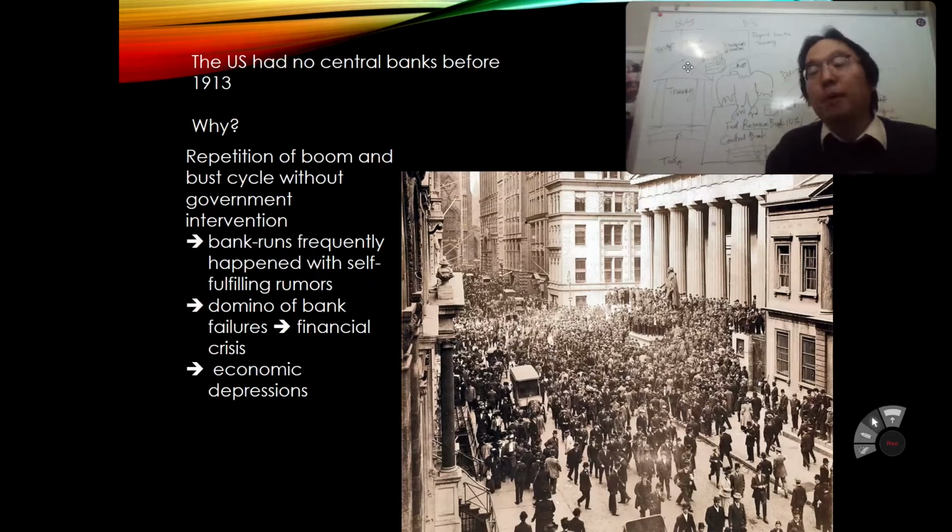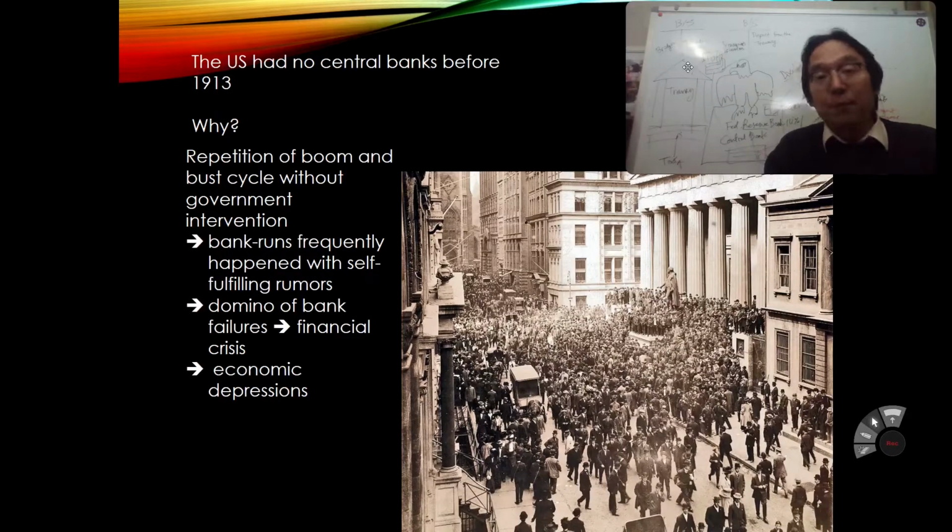Another thing about this laissez-faire policy is that, left untouched, the economy experiences boom and bust cycles to extreme degrees, and the government intervention is not there.